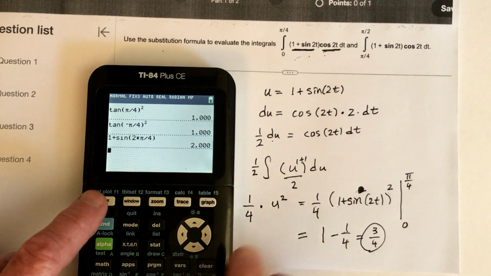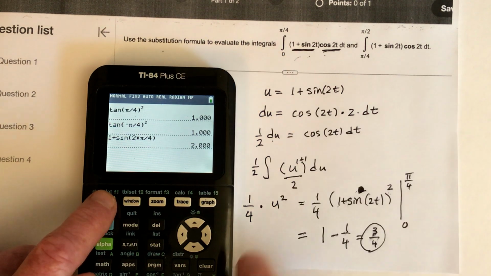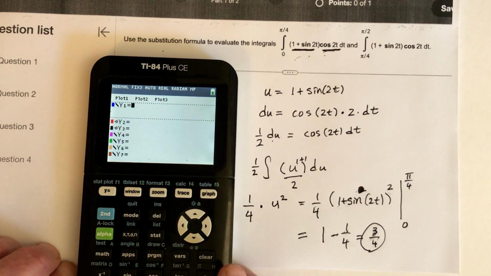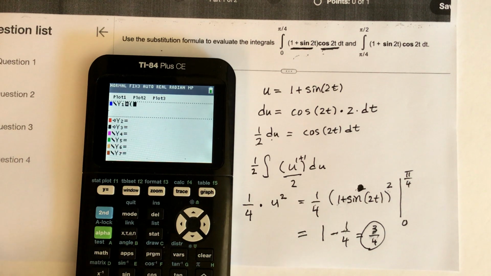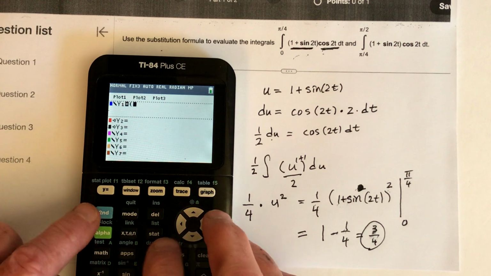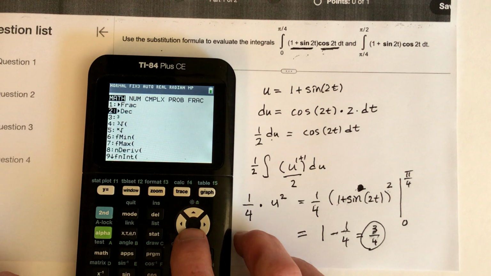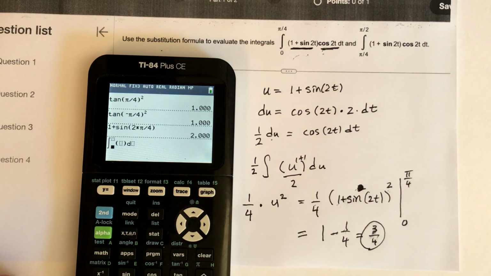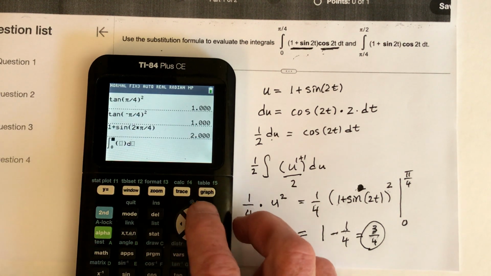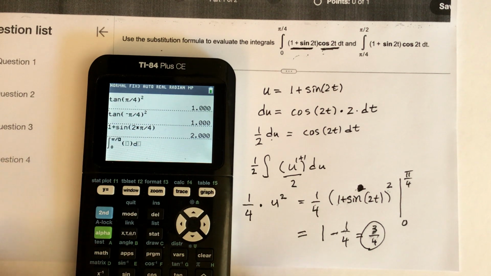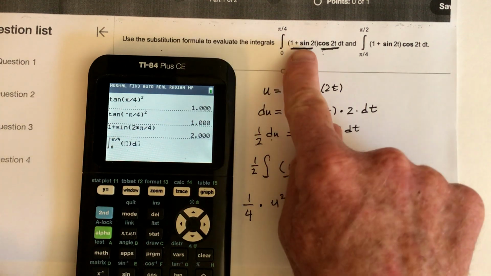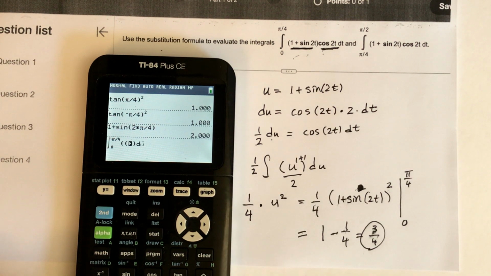And then just for extra fun, I'm going to use the calculator and see if I got this one right. So the original problem was, you know what, you can do it on the graph, but you can also go to math and then go down to number 9, the function integrate, and then tell it integrate from 0 to pi over 4. And then I'm going to need an extra parenthesis, 1 plus sine of 2.